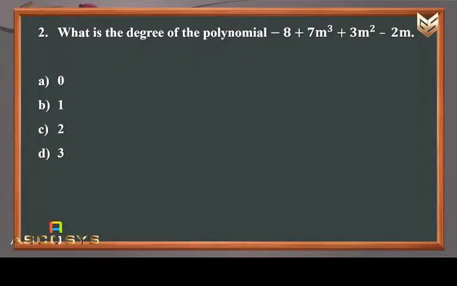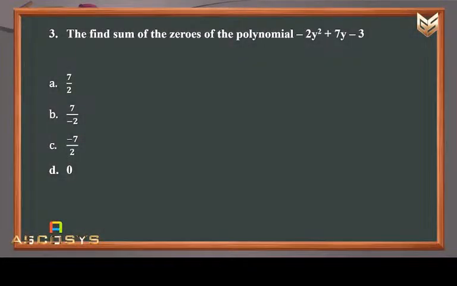So which one is the correct option? Number D, because here the degree is 3. So option D is the correct answer. Now we will do one more MCQ, that is based on the relationship between zeros and coefficients. So here is the question.